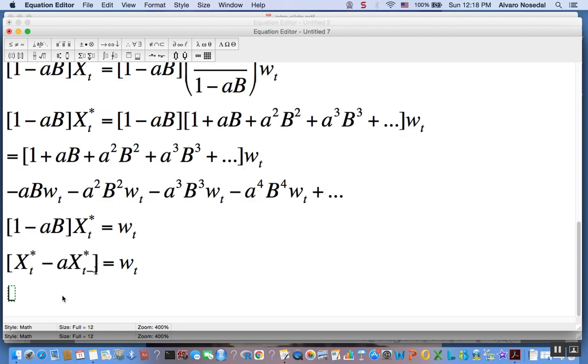And then if you solve for Xt star, that's going to be A Xt minus 1 star plus Wt.